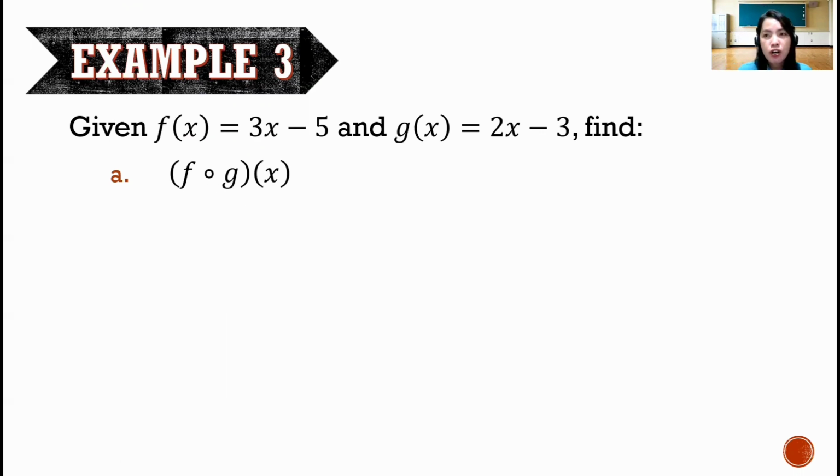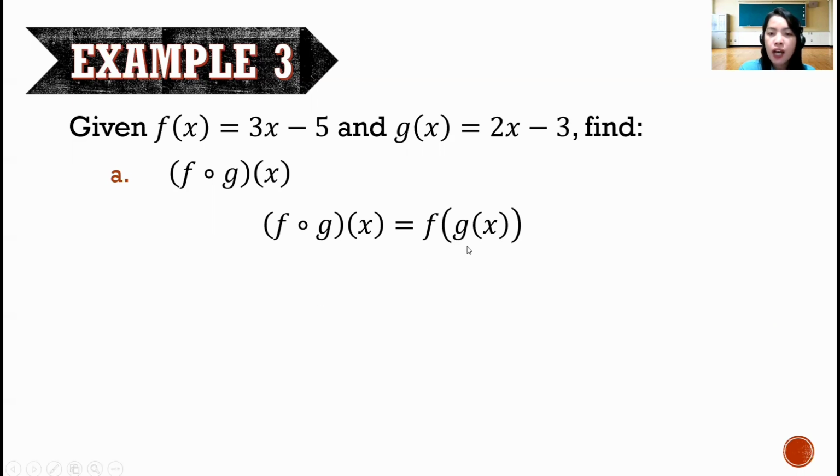From the definition, that is equal to this symbol. Do not forget that in the parentheses, ang function ay g of x. When you say composition of function, you are substituting a function into another function.